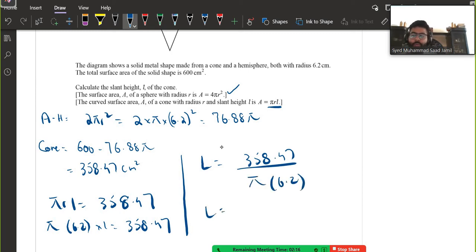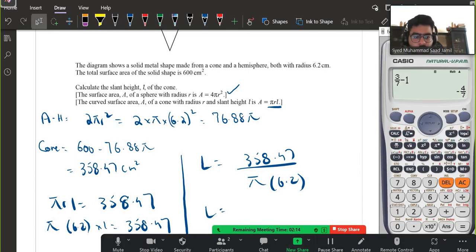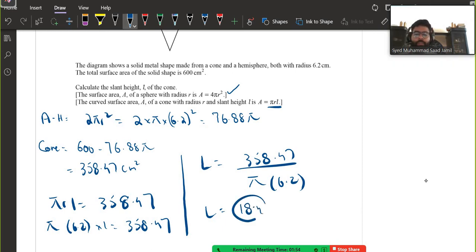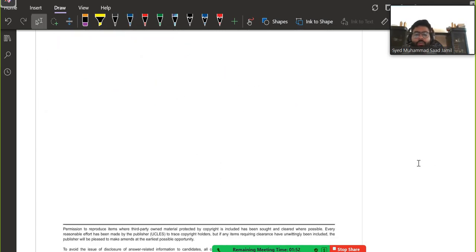This will turn out to be, let's do it, 358.47 divided by 22 upon 7 multiplied by 6.2. 18.39, which means 18.4.